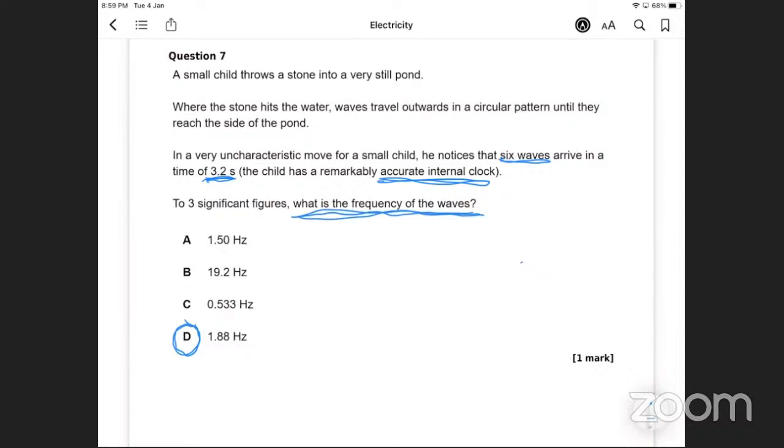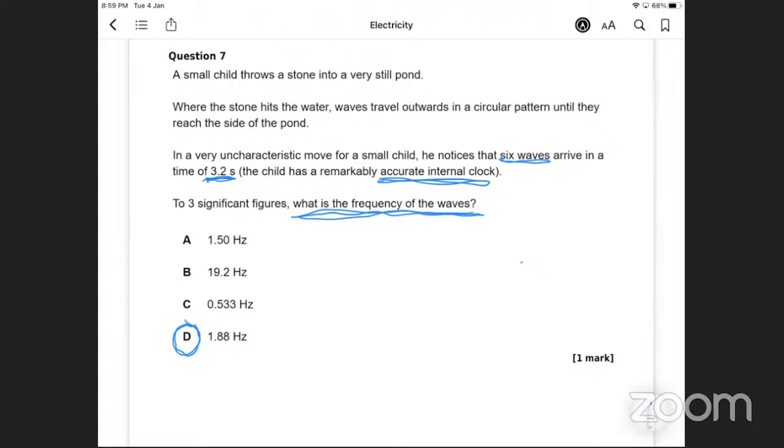Yes, sir. When sir said remember the definition of what frequency is, I just took the equation: frequency is equal to 1 over the time in seconds.